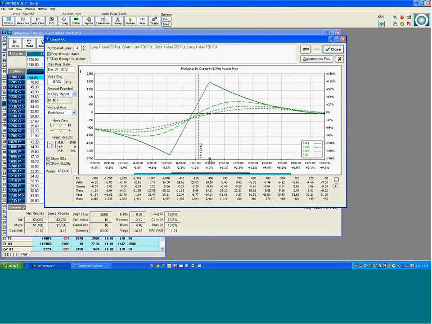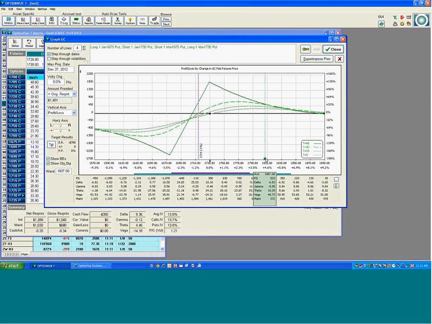Now you can see how the profits on this position build at an unchanged or at a higher level, because it started with a 9 delta positive trade, and 30 days have gone by. We have a trade at an unchanged level with 18 positive deltas. It'll be positive until we get up to the 1770 level, where the deltas become neutral, and if we rally above that, the deltas start to be negative. Our peak profits of $100 in 30 days start to dissipate if the market continues higher.